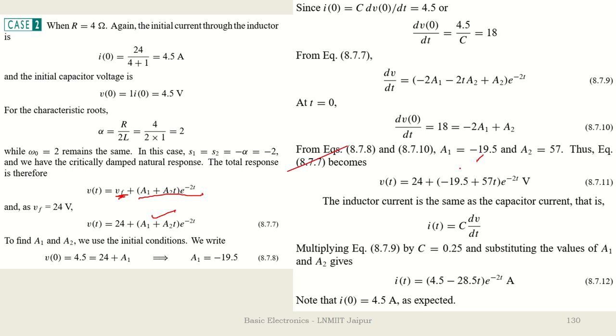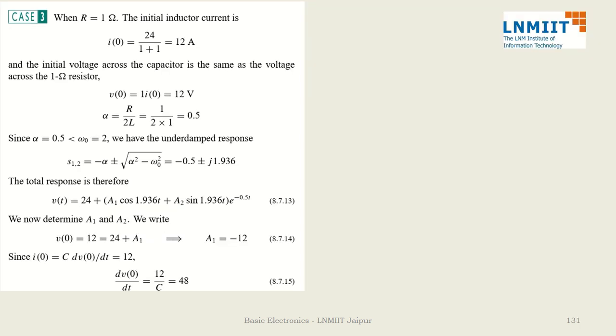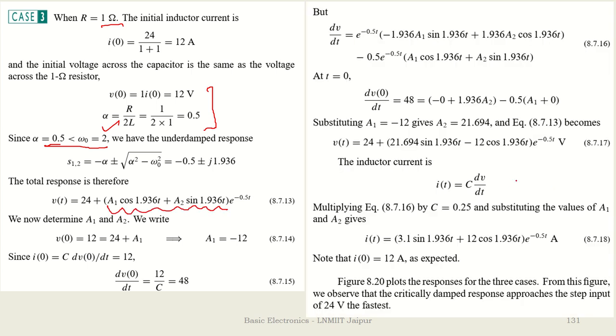Calculate A1 and A2. Get your answers. Third case, when R is 1, alpha is less than omega, then also my answer will be in the form of cos and sine. Get the values of A1, A2. The same process will repeat.